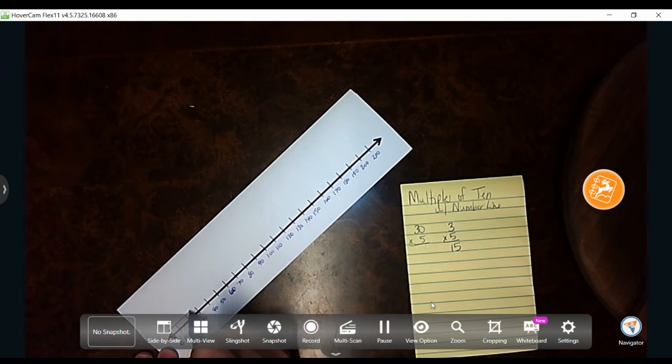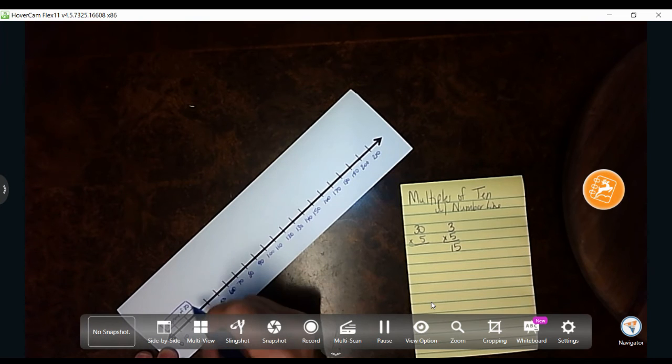So I'm going to just do this. 1, 2, 3. That's 3 groups of 10. 10, 20, 30. Okay, so here I have one group of 30. All right, so my next group is going to have 30 in it. 10, 20, 30.